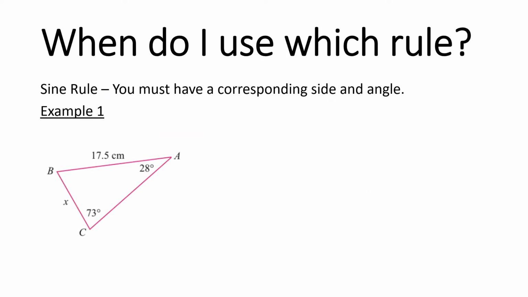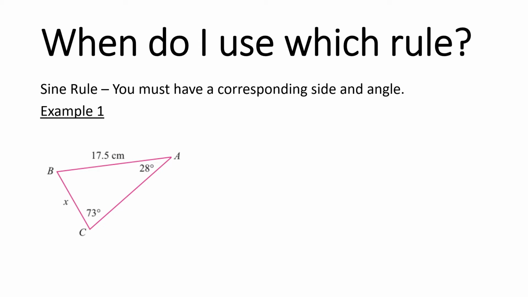So when do we use the sine rule or the cosine rule? What information do we have to have on the non-right-angled triangle to use which rule? To use the sine rule, you must have a corresponding side and angle.